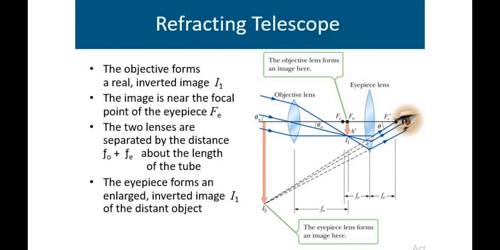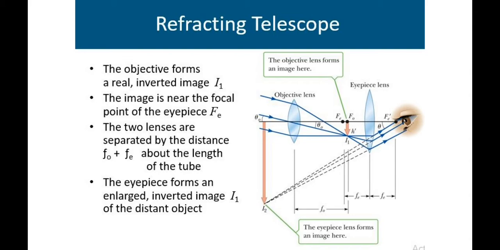So let's consider first the refracting telescope. It has two lenses, again the objective lens and the eyepiece lens, and normally the eyepiece lens has a shorter focal length and the objective lens has a large focal length.